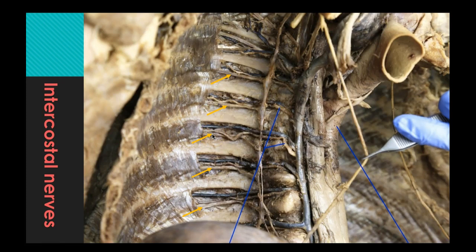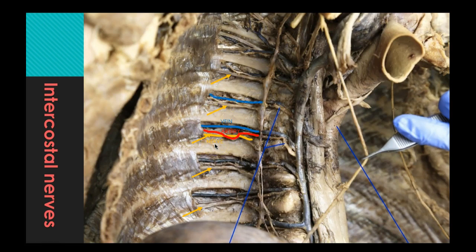The way you're going to make sure that you know that these structures are nerves and not blood vessels is to remember that the vein is always going to be the most superior, artery is intermediate, and the nerve is the most inferior. So the way I like to remember this is the van drives down the hill, meaning the V for vein, A for artery, and N for nerve are moving from superior to inferior, VAN.